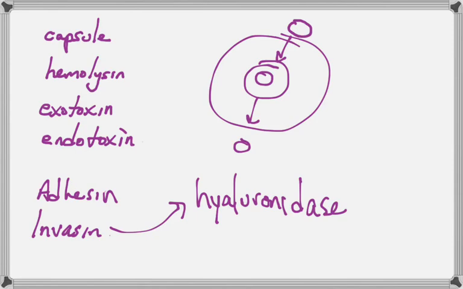So that would be an example of an adhesin that is also an invasin. I don't think you need to know that specific example. I think knowing that a protein can be both an adhesin and an invasin is an important concept. I just don't want you to think that it has to fit nicely into one or the other category. It can be both. Devin, did you have a question? Okay.